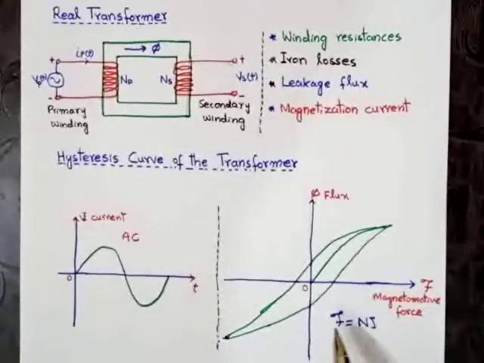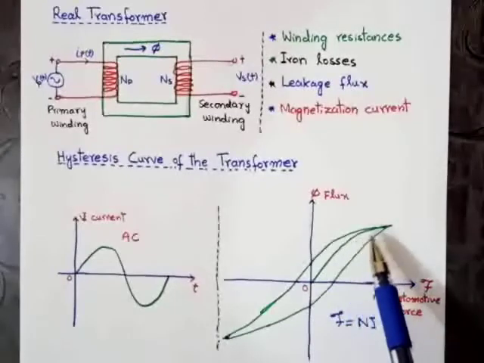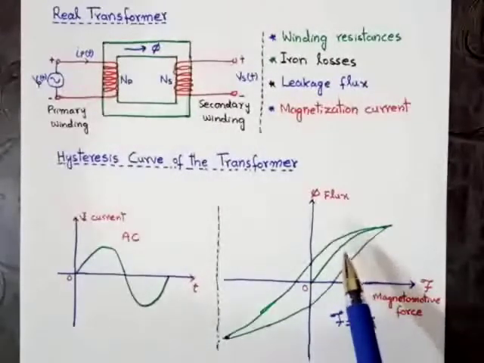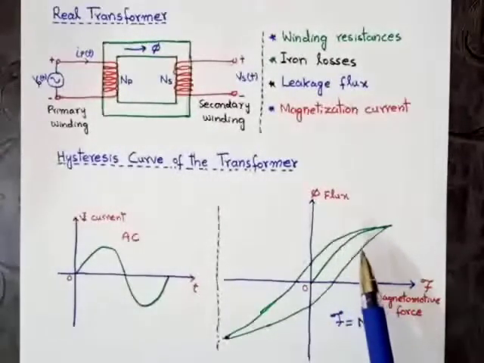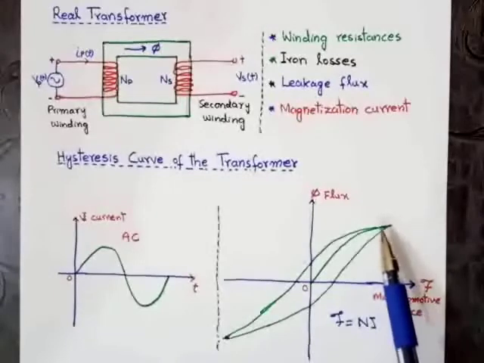When the magnetomotive force increases, the flux will increase as well. When the flux reaches the saturation point, there will be no change in the flux.